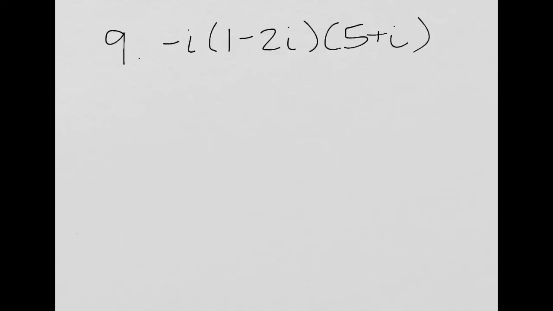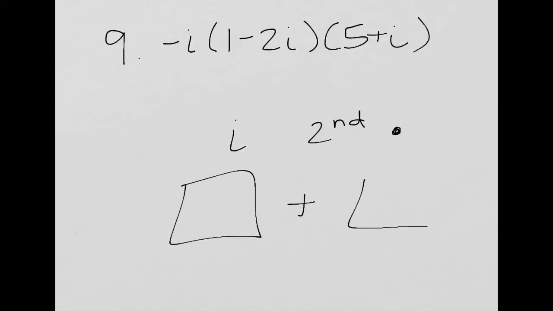Number 9, you would type this in your calculator, and the i button is second decimal point or period. Type it in exactly as you see it. And your screen should say -9 minus 7i.